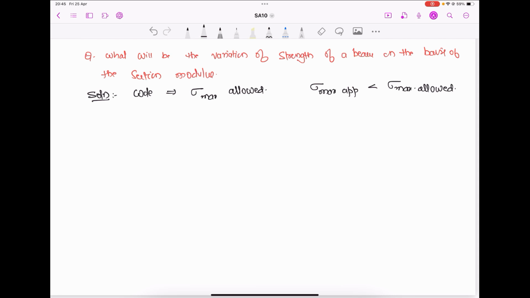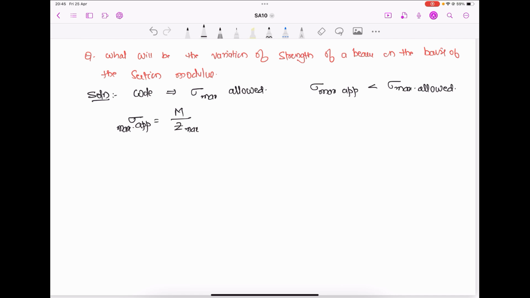Now, what is the maximum applied? The sigma applied or found out at a particular point is sigma maximum applied. We are talking about the maximum fiber distance. Then this will be M by Z max, section modulus maximum.